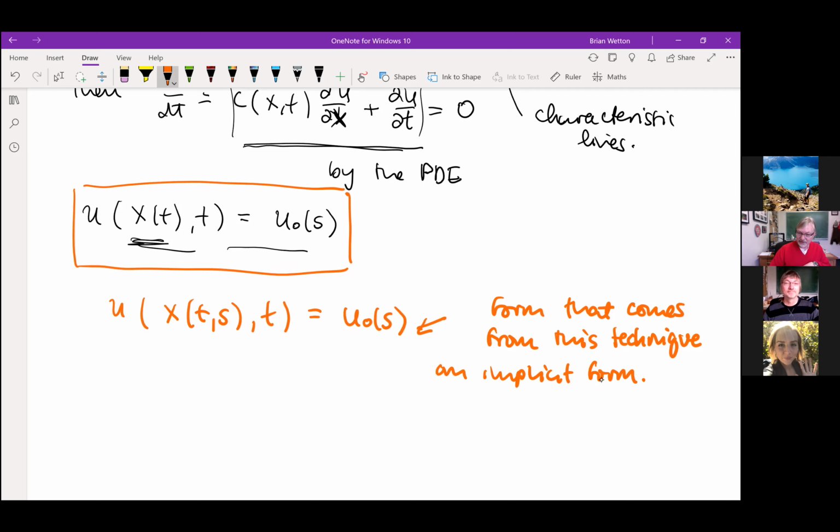And sometimes, right, what you want is to take this form and convert it to u of x and t, right? And this is sometimes possible to do analytically.